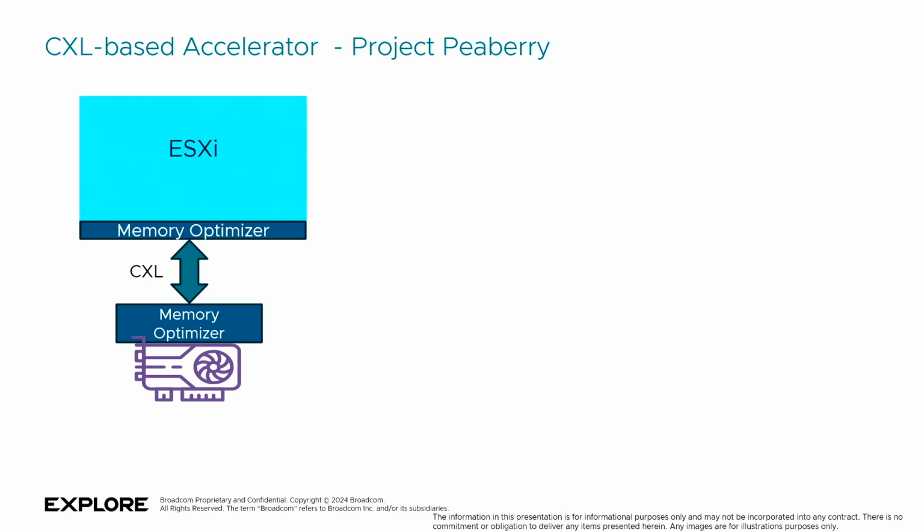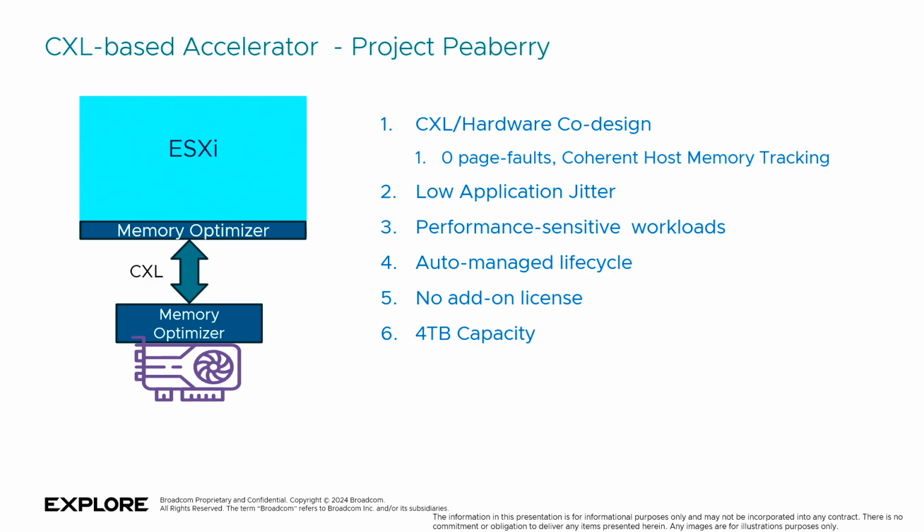So the good thing about this is VMware is putting its IP in the device, and again there is no need to be scared because we have a really good team of architects who are designing this. We have really good partnerships too.